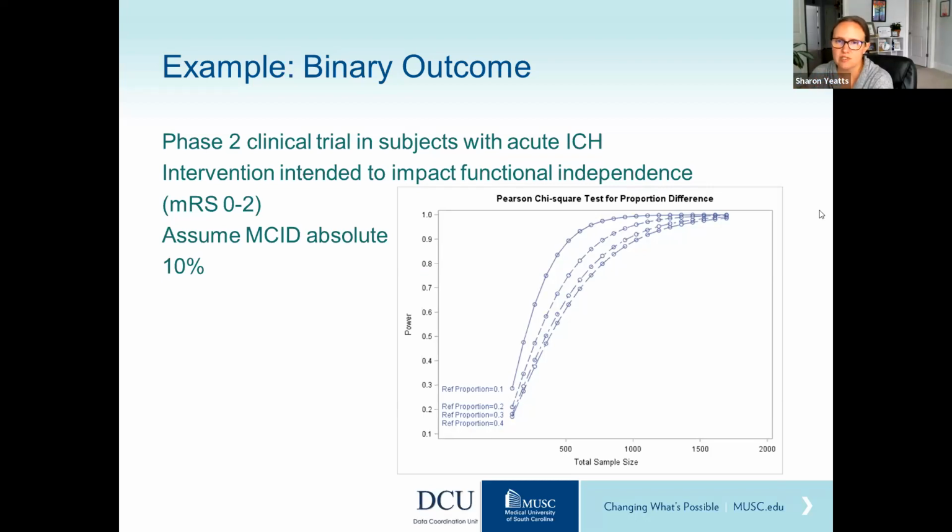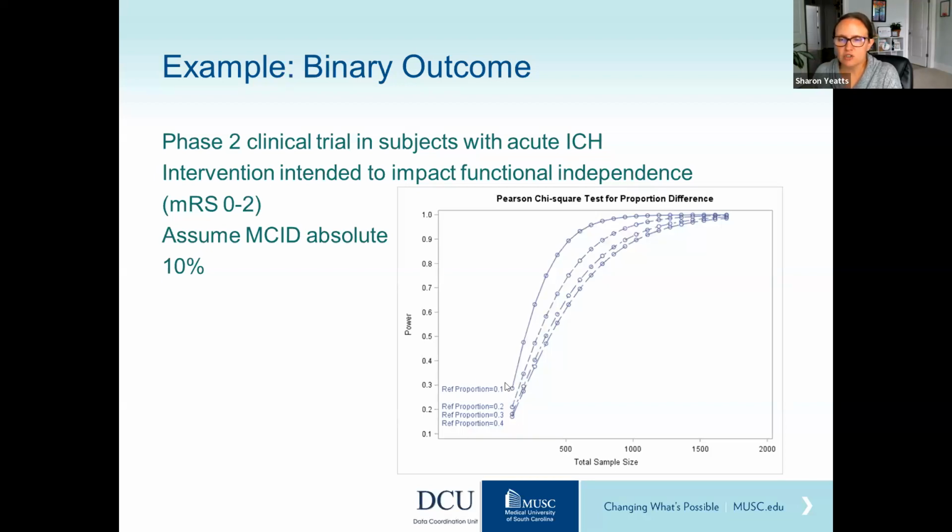And for the purposes of this example, I'm assuming that the minimum clinically important difference is an absolute 10%. And I'm doing that just based on the stroke literature. The ischemic stroke literature seems to have accepted a 10% improvement in this outcome as reasonable.